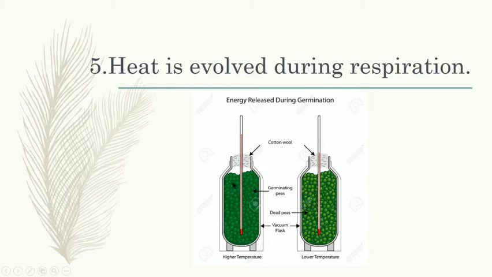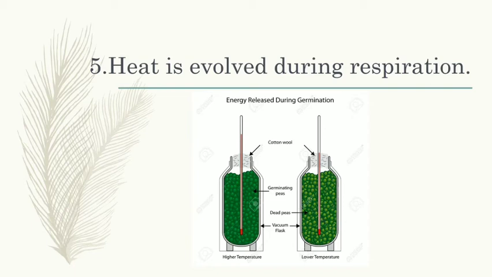In the first flask, let me label it as A, and this is B. In flask A we are placing germinating seeds, like germinating pea seeds, and here we will boil the soaked seeds and place the boiled seeds, and these boiled pea seeds are the dead ones. Now the boiled seeds we will wash with dilute carbolic acid, so they are treated with a disinfectant to prevent any bacterial growth.